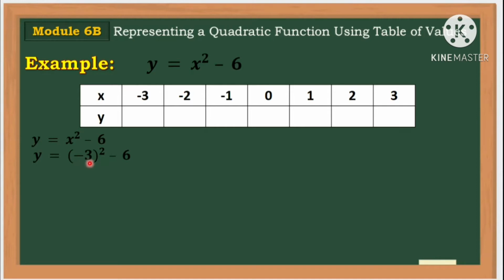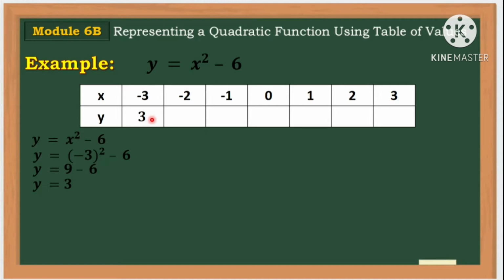So simplify natin ito by multiplying it by itself. Negative 3 times negative 3, that is positive 9. Bakit siya multiply by itself? Kasi may exponent tayo dito na 2. So that is 9, then minus 6. So 9 minus 6 is equal to 3. If x is negative 3, then y is equal to 3.